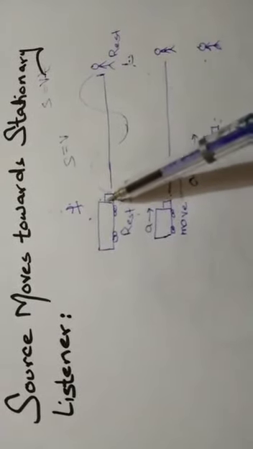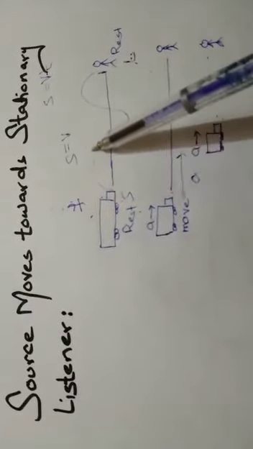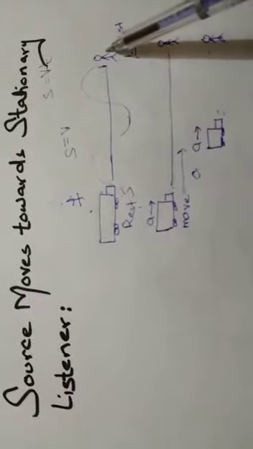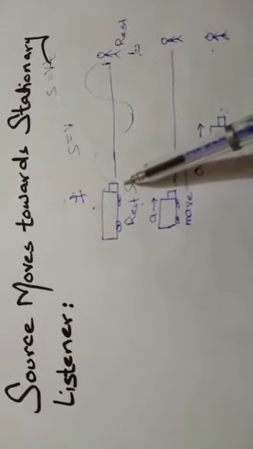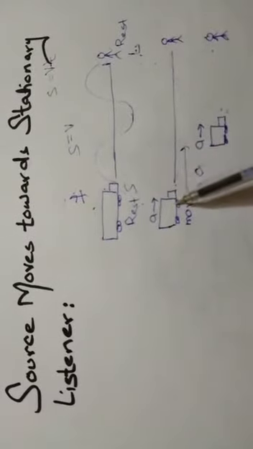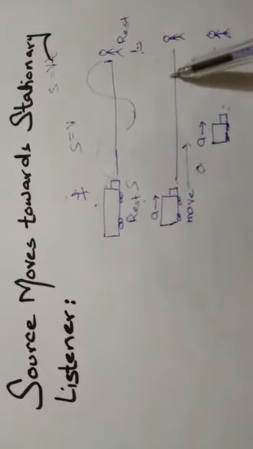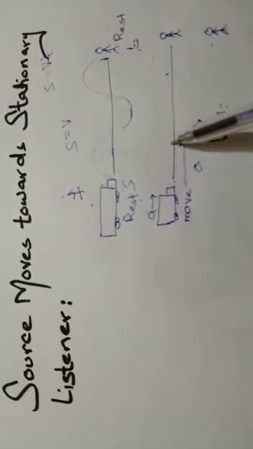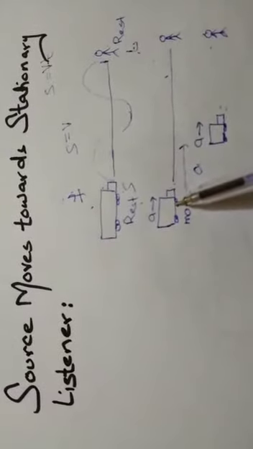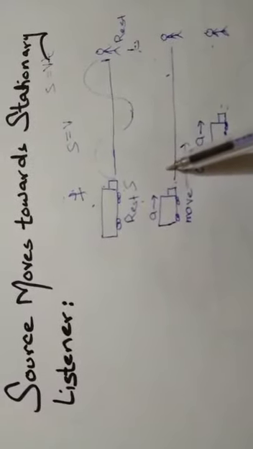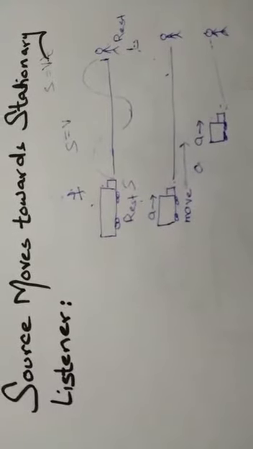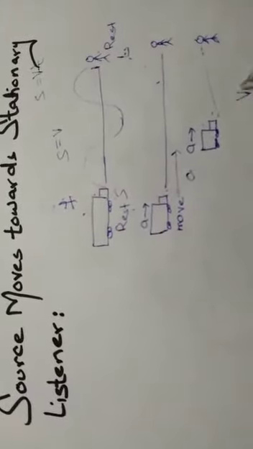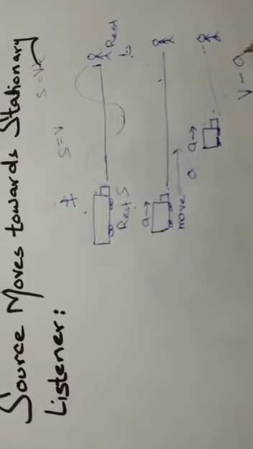Originally, the waves generated by this sounding source had this wavelength, and this is the distance between the sounding source and the listener. But when it moves towards the listener, the number of waves generated by the sounding source is the same, but now these waves are compressed in this distance, which is equal to V minus a.